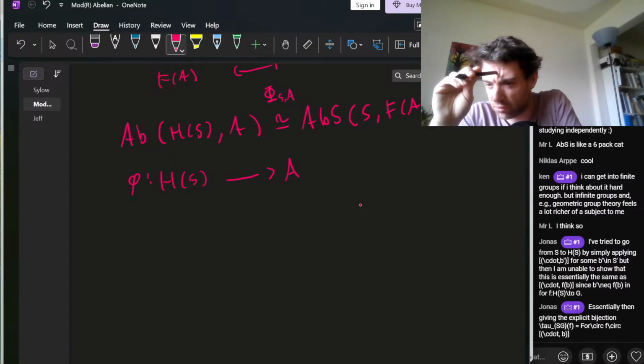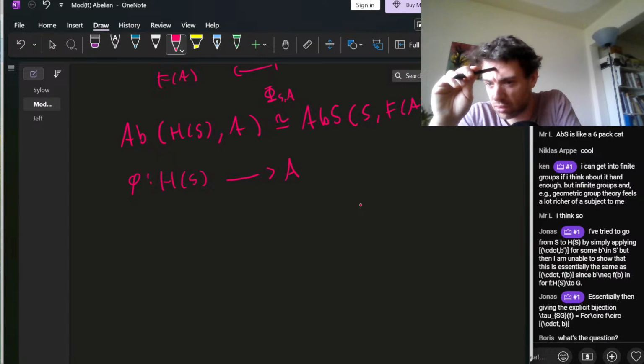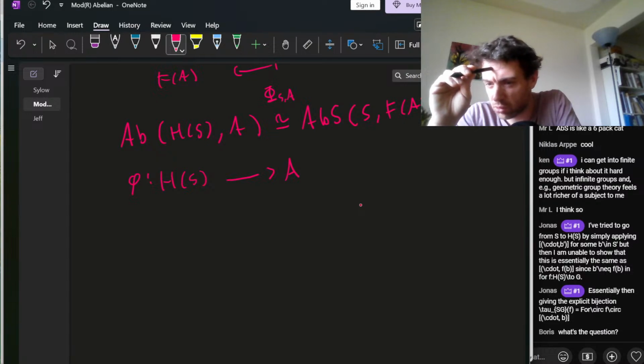I'm not sure I understand all your notation there. G is the abelian group.